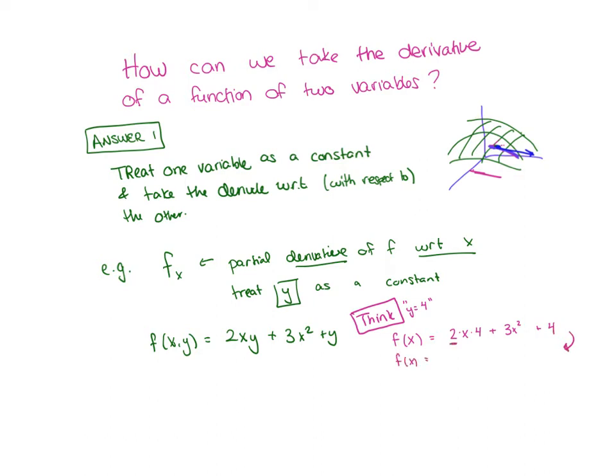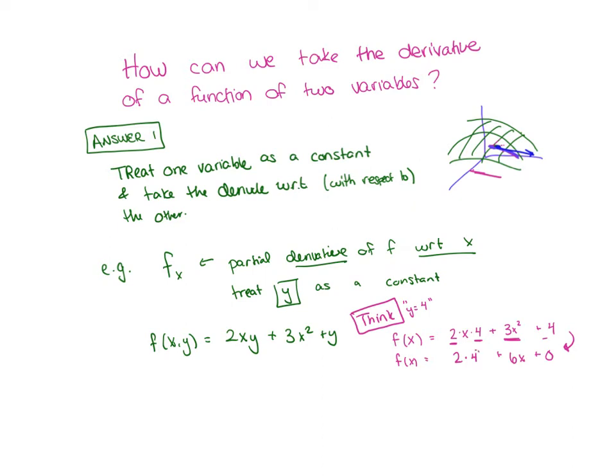Well, this is just a constant times x, so I just get the constant, and let me write that as 2 times 4, plus I take the derivative of this term with respect to x, I get 6x, and then that's plus 0, because the derivative of 4 is just 0.